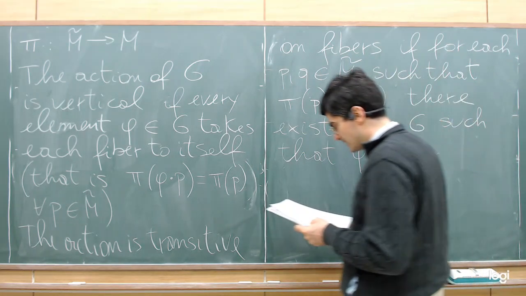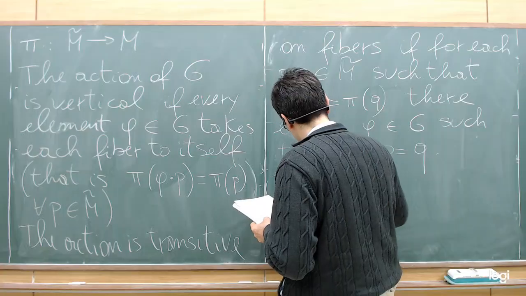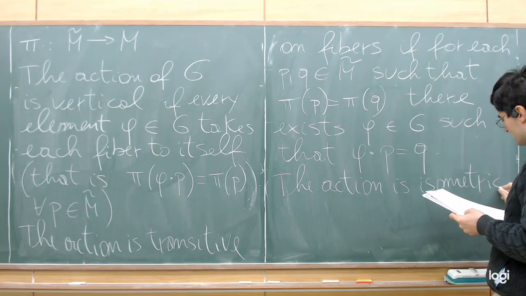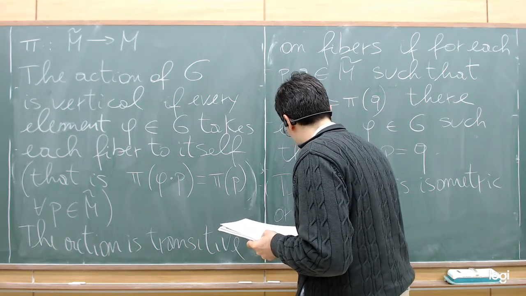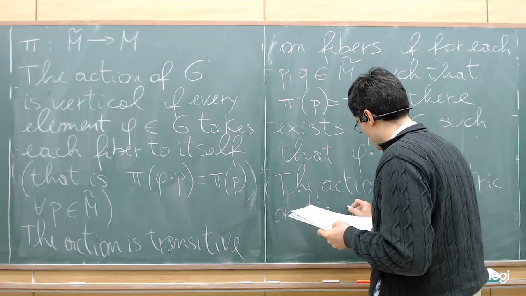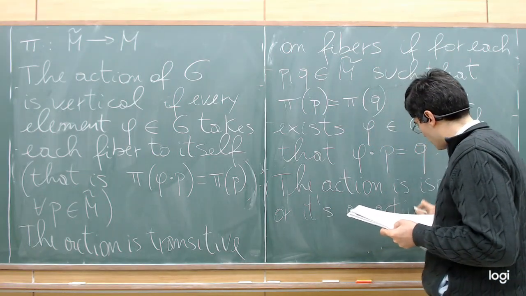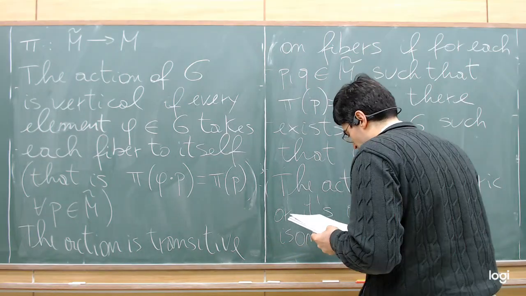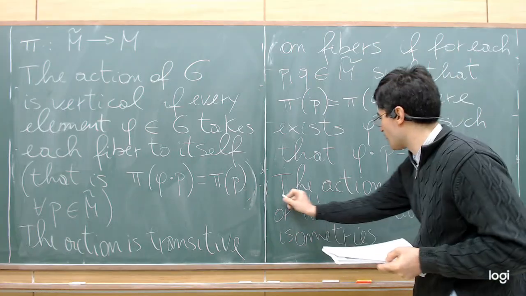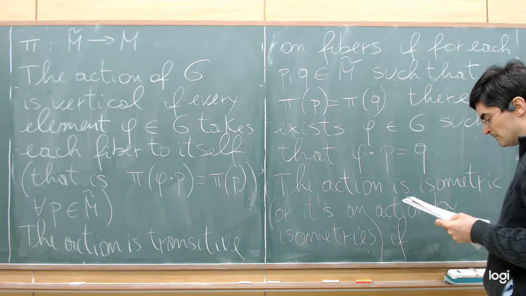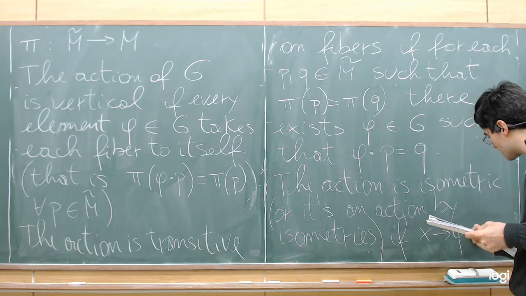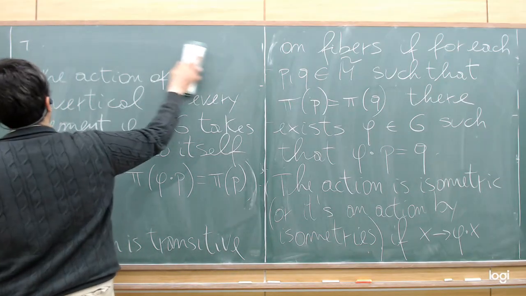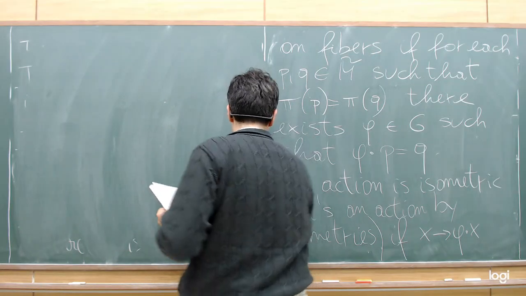It remains to understand when an action is isometric, or it's an action by isometries, if the map which sends x to phi dot x is an isometry.